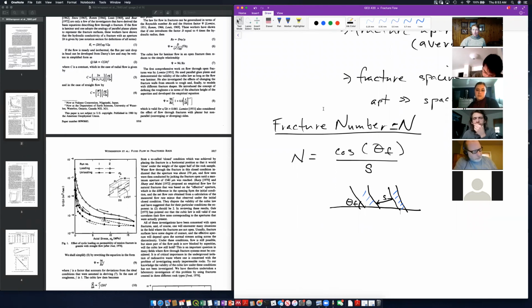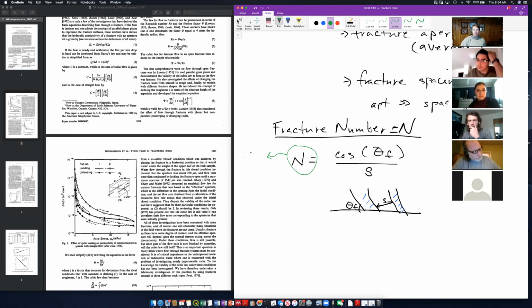So this brings some super important points about trying to think about what we can and can't do in a fracture system. So we try to get these average characteristics, say the average spacing.